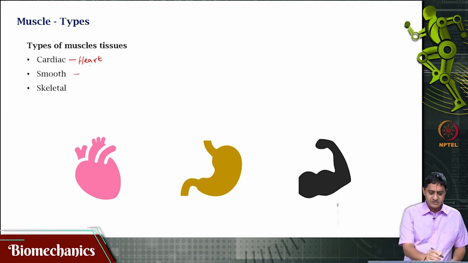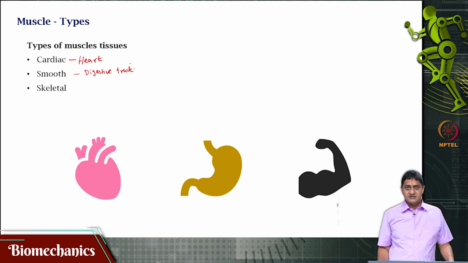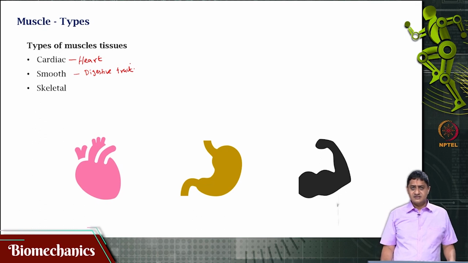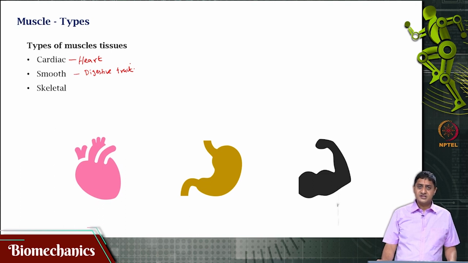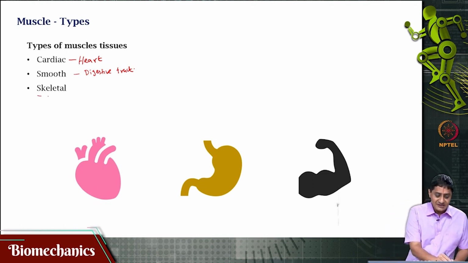Then you have smooth muscles that you find in the gut or the digestive tract. Some important functions that this tract performs, although we will not be focusing on such functions of these two muscles. Our focus in this course, we restrict to skeletal muscles.